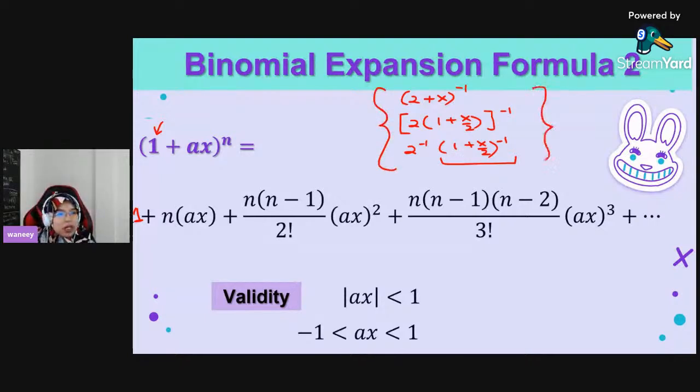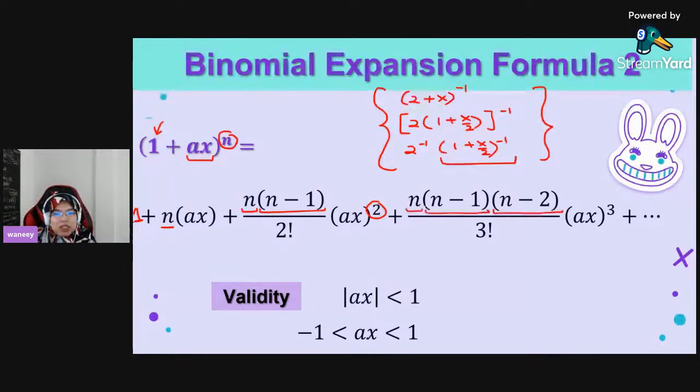Okay, so now the second term. Take the power, bring it down, so n, and then simply take ax, and then for n, you deduct 1 from the power, so n minus 1. As you can see, you have 1, 2, so 2 factorial, and then ax also to the power of 2. And then we have n minus 2. So how many n's? 1, 2, 3.